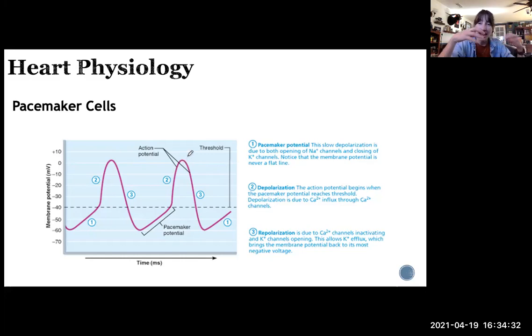Then after that action potential has passed over that part of the membrane of that particular cardiac cell, that membrane needs to reset. So it needs to pump the ions back across the membrane to get to the resting membrane potential, okay? And over here, they don't show you what the time is, but it is in milliseconds, right? So this is happening very, very quickly.